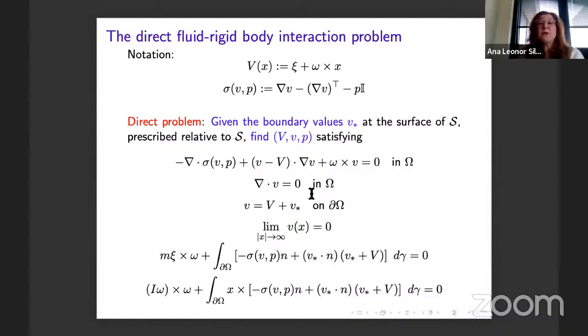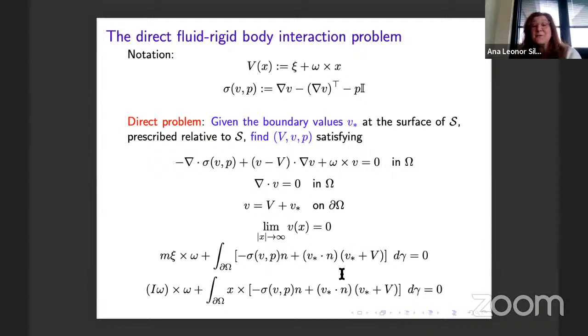I am just recalling here what is, let's say, the direct fluid structure interaction problem. So it's a problem described by this set of equations in which we know v star and we are looking for the velocity, for key and omega, and also for the pressure, as I said before.